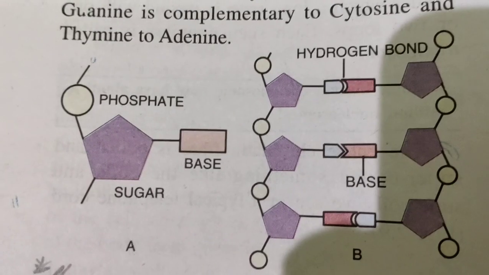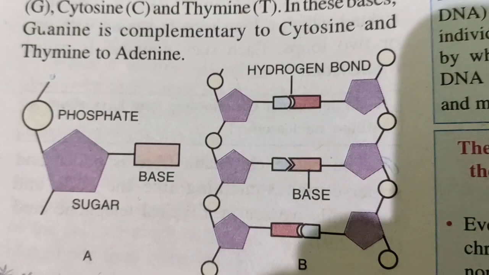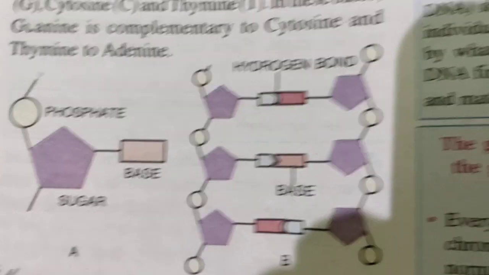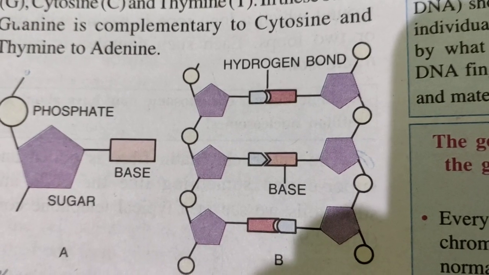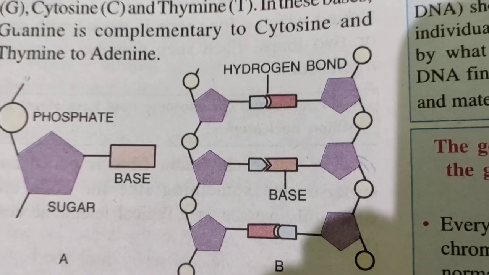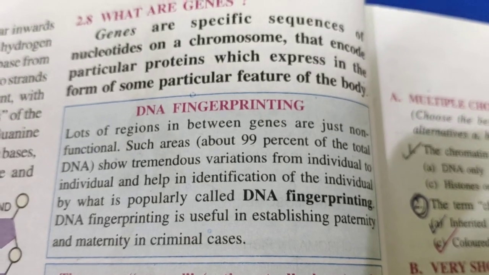And this diagram you may get in your boards. They will give you the diagram. You have to label it and you have to write the contextual answers. So be very sure that you are practicing the diagrams from this chapter also, and also the replication of DNA diagram. Clear?